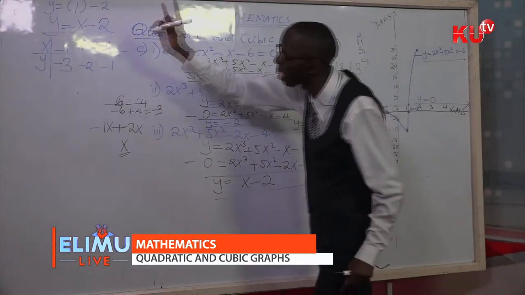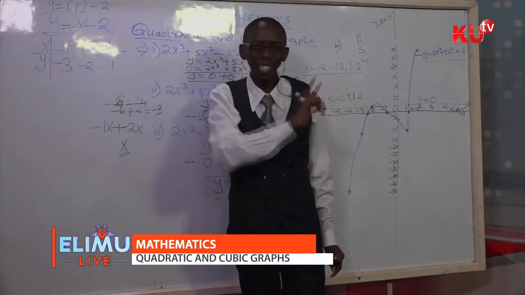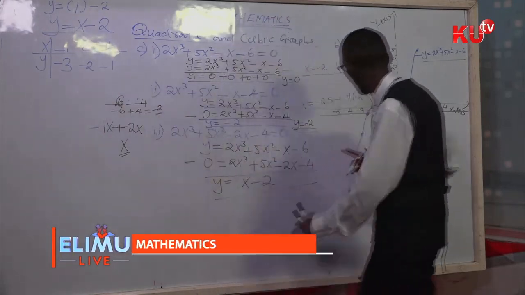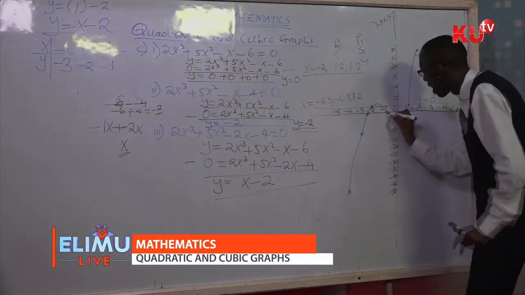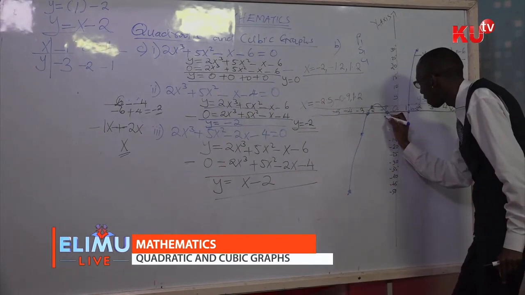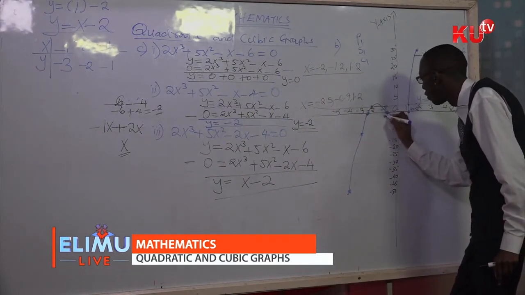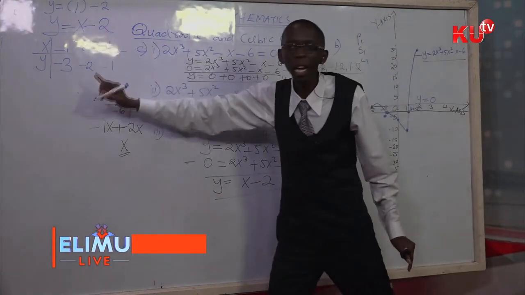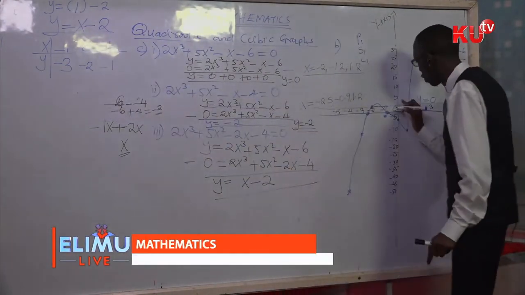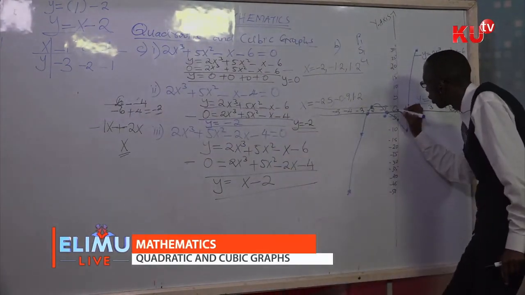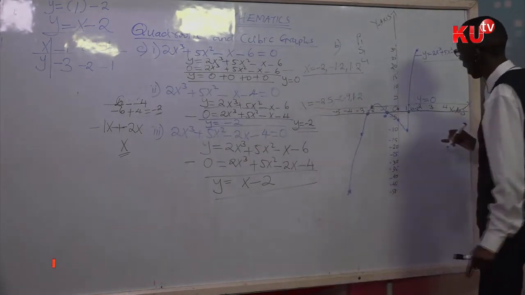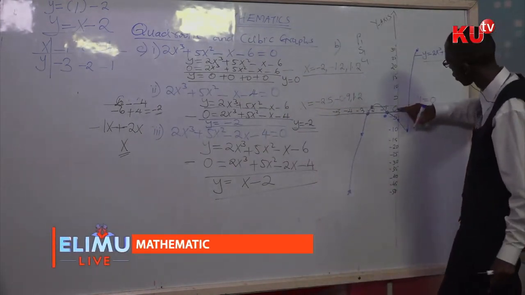Now, use these values of x and y back on your graph and plot them. It will give you a straight line. -1, -3. It's there. Plot that point. 0, -2 is somewhere here.